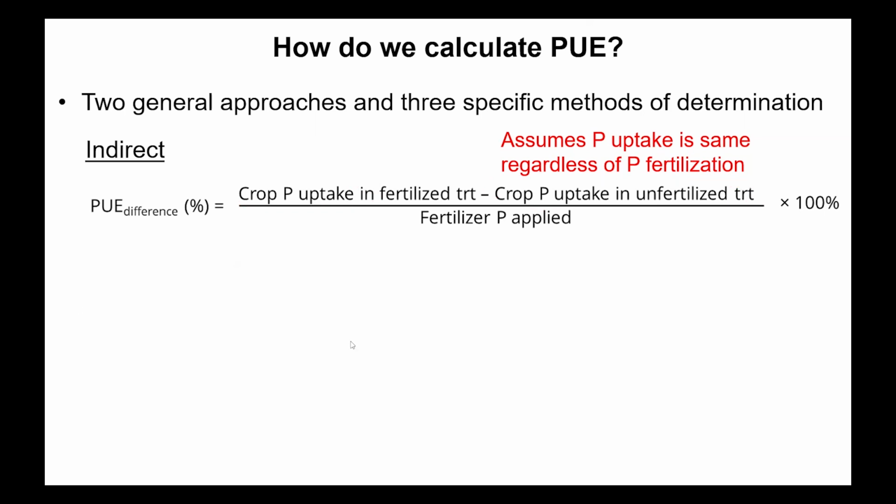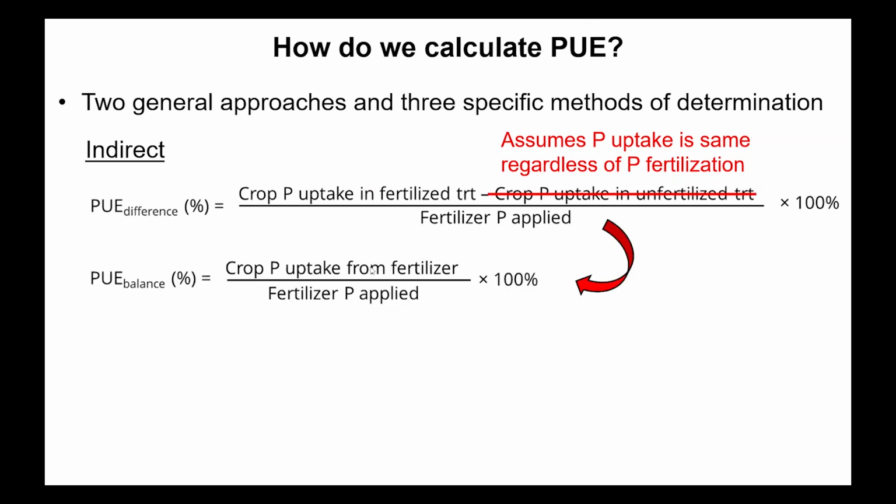Now, in some cases, we don't have crop P uptake without a control, in which case we have the balance method. This is more common for, say, county or state or national inventories of PUE. And in this case, we simply divide the P uptake by the P applied. And as you might imagine, there could be issues with this, namely that we don't account for the soil contributions.